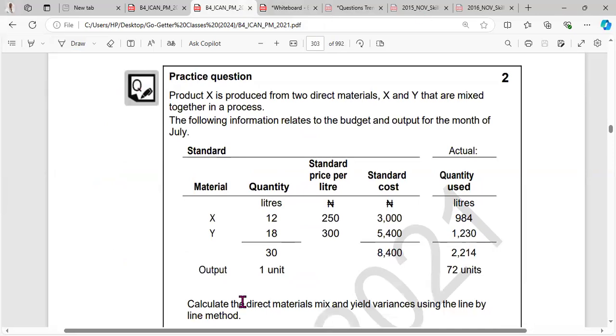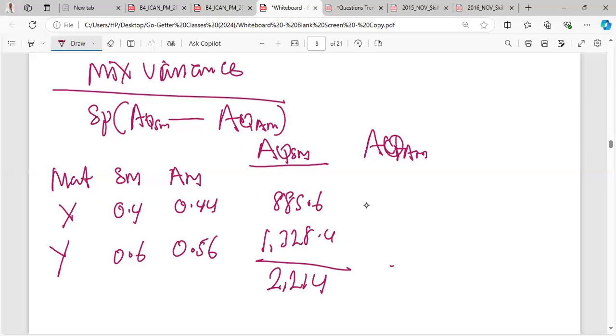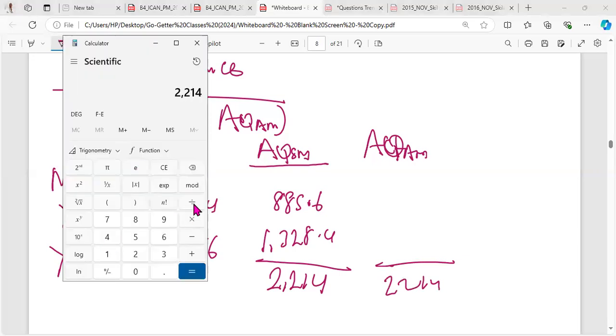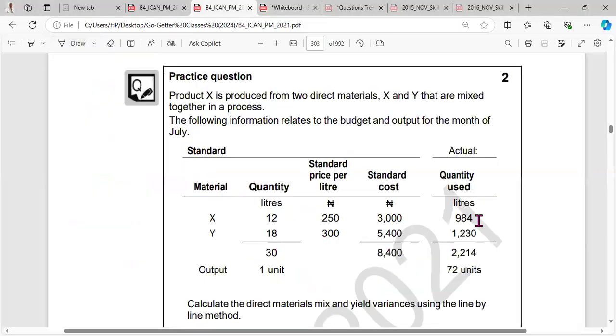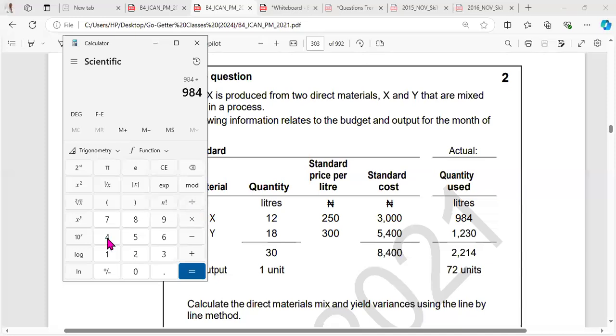If we multiply 2214 by 0.44, we get 974.16, but we have been given 984, which was 984 divided by 2214.